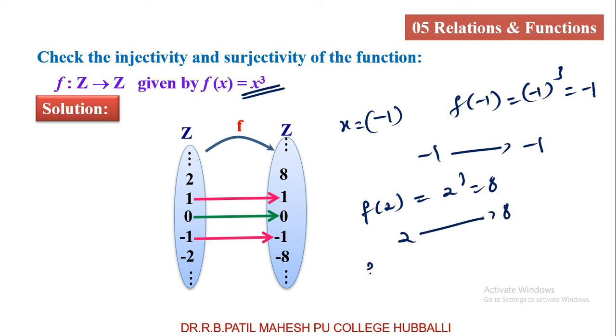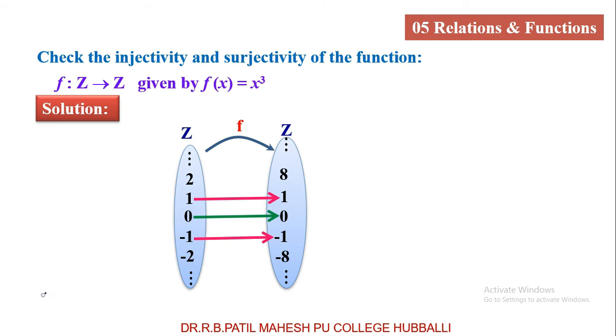Dear students, important: if you take minus 2 cube, that will be minus 8. Because the cube is there, minus cube will be minus. 2 cube will be 8. So, like this you have to check the elements. 2 is related to 8. Minus 2 is related to minus 8. It will continue like this only.